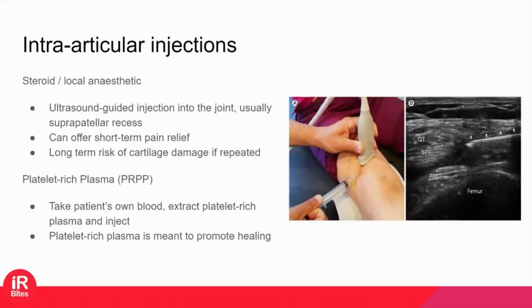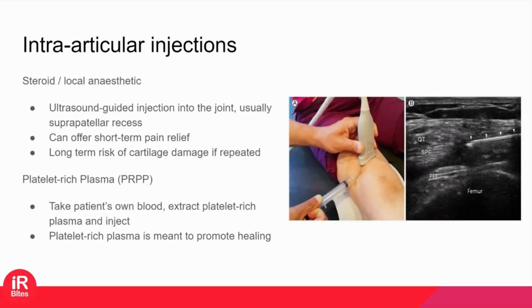Previously, this used to be done blind, but ultrasound has increased the accuracy of delivery of medication, because often if you go blind, you don't actually know if you're hitting the joint. Sometimes it does work because, if you put it near the joint, it's near enough and the drug diffuses, but for more accurate drug delivery, it's important that you use ultrasound. And I think now most joint injections are done under ultrasound.